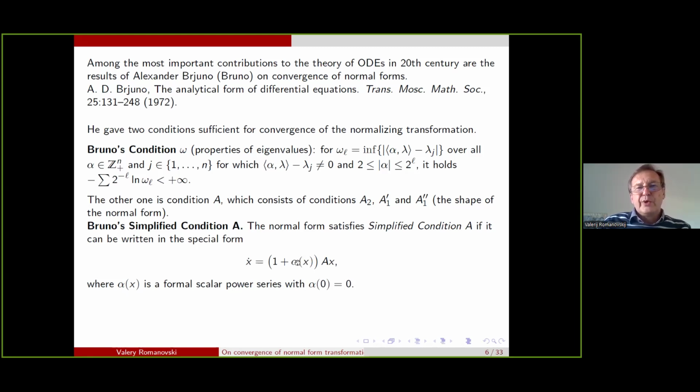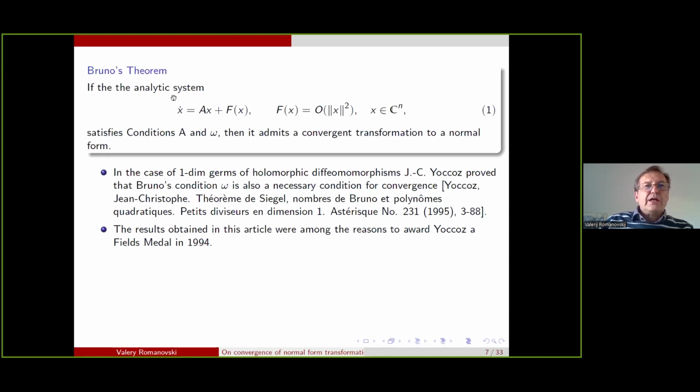So you see that if this function alpha is identically equal to 0, then we have a linear normal form, and in fact we have the case which was studied by Pliss. Okay, and Bruno's theorem says if the analytic system x dot equals Ax plus f(x) satisfies conditions A and omega, then it admits a convergent transformation to normal form.